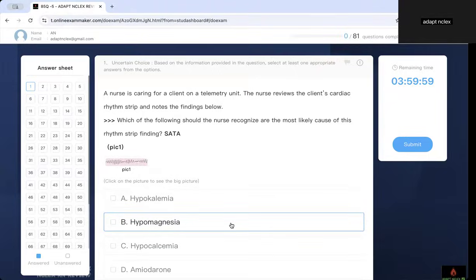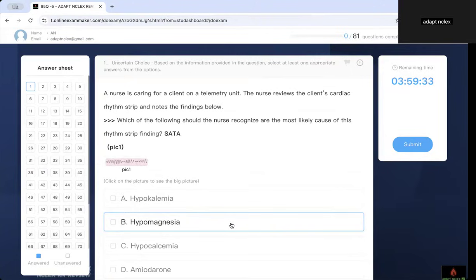First question, like I said, EKG. What is the question? How do you answer it? Read it from the back. Which of the following should the nurse recognize as the most likely cause of this rhythm strip finding? It's a select or apply. A nurse is caring for a client on a telemetry unit. The nurse reviews the client's cardiac rhythm strip and notes the finding below.